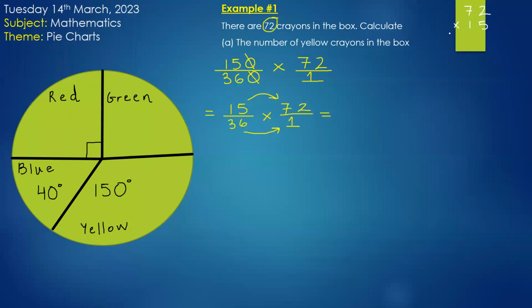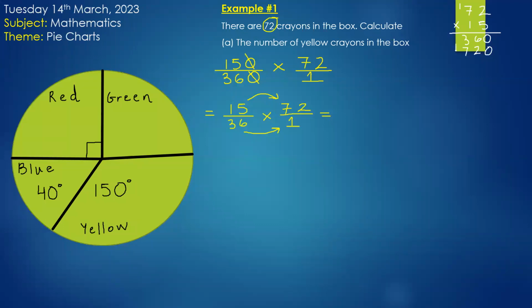5 times 2 is 10. 5 times 7 is 35. 35 plus 1 is 36. Good. Put the 0 down. 1 times 2 is 2. 1 times 7 is 7.